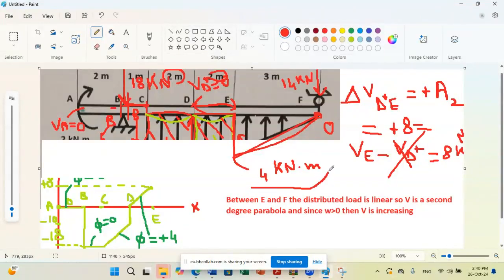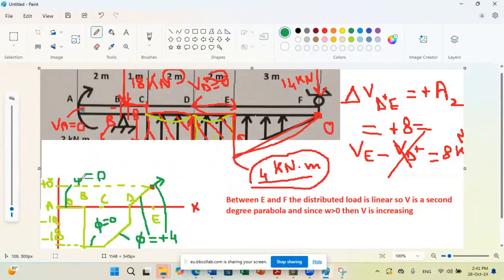And we know that this represents the slope of the shear diagram. So if I go back to my shear diagram, at point E, what was the slope? 4 kilonewton per meter. So I put here a slope of plus 4. It's equal to the slope of the line here. So the slope here at the beginning was also plus 4. But from now on, what will happen?